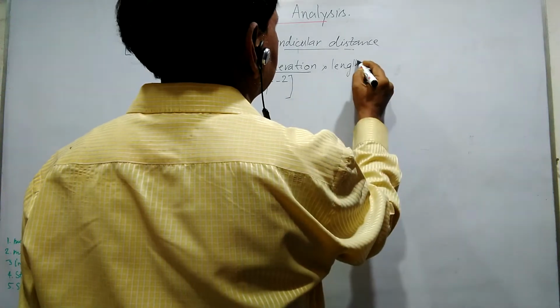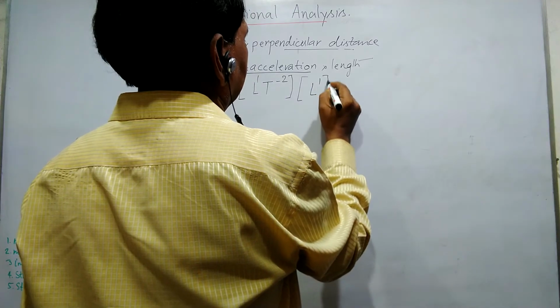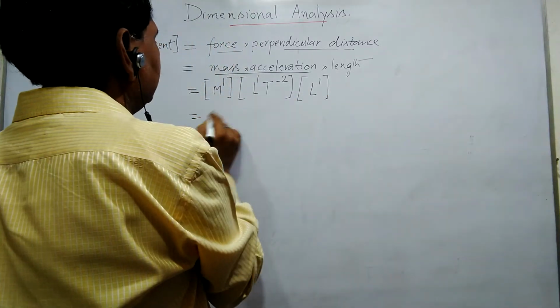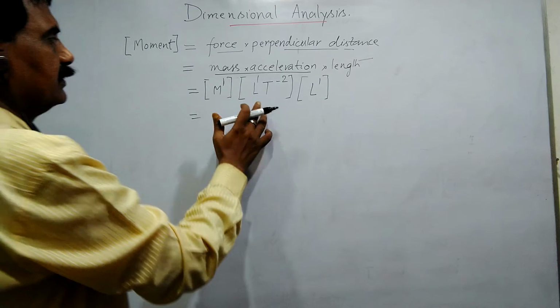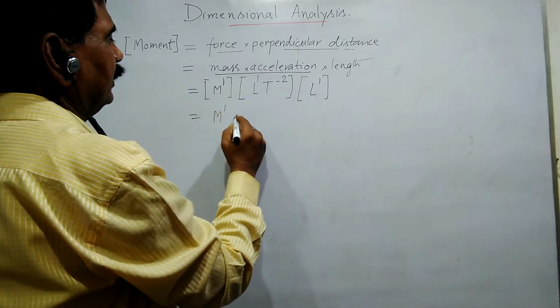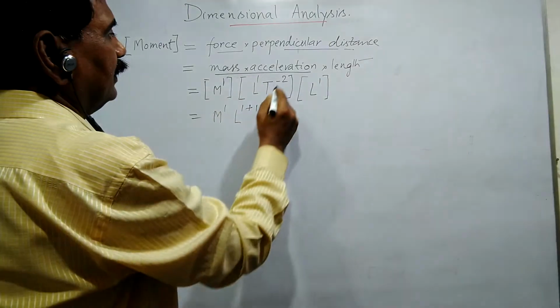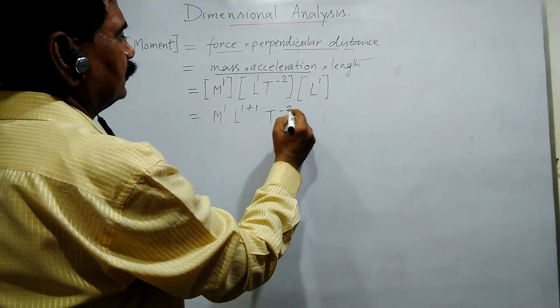And length is L to the power 1. Now combine it: M to the power 1, L to the power 1 plus 1, and T to the power minus 2.